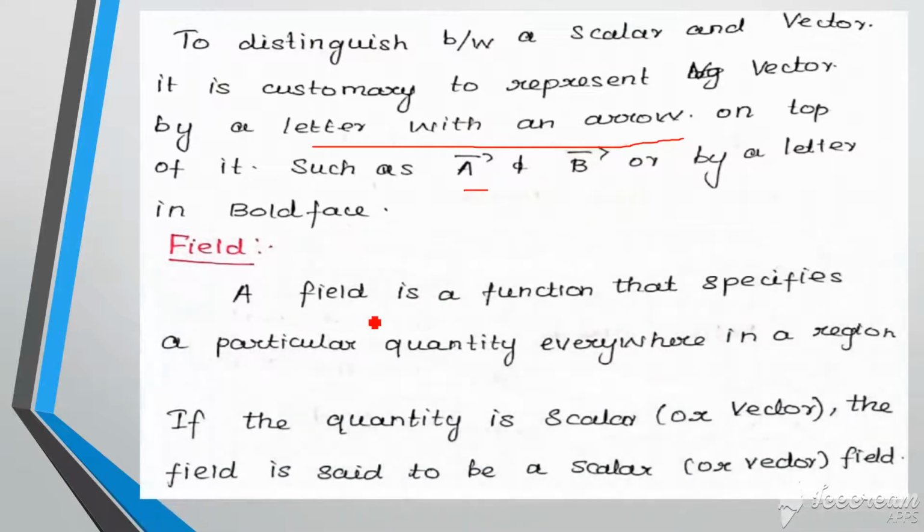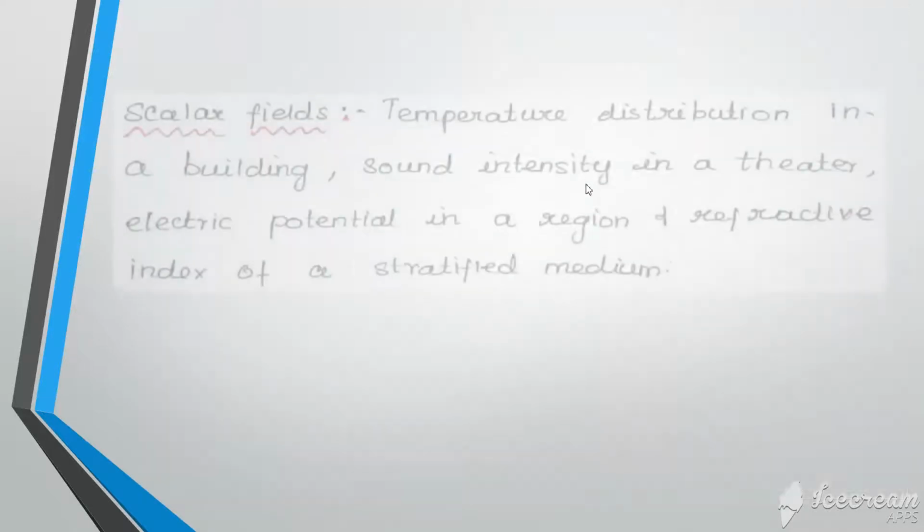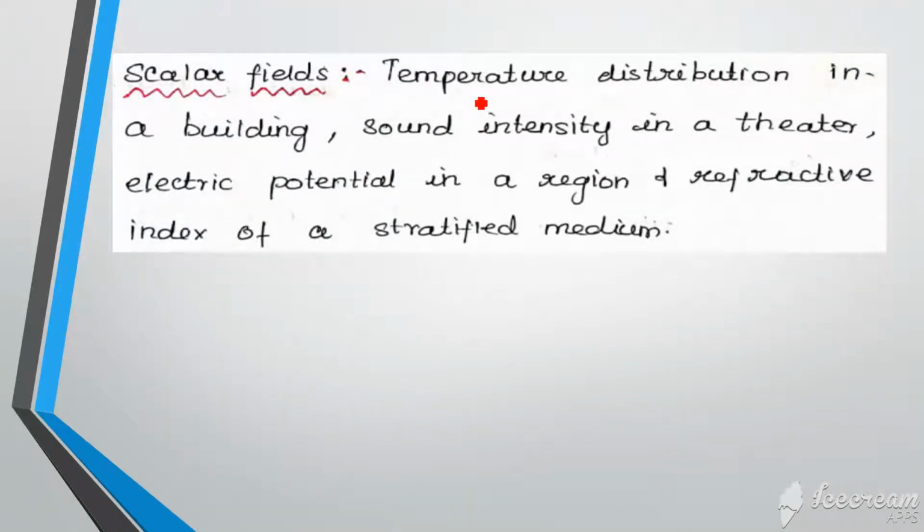Field. A field is a function that specifies a particular quantity everywhere in a region. If the quantity is a scalar or a vector, the field is said to be a scalar field or a vector field. Examples of scalar fields are temperature distribution in a building, sound intensity in a theater, electric potential in a region, and refractive index of a stratified medium.